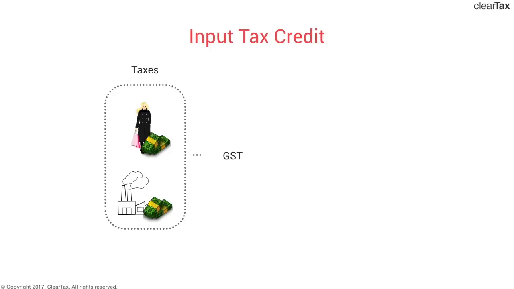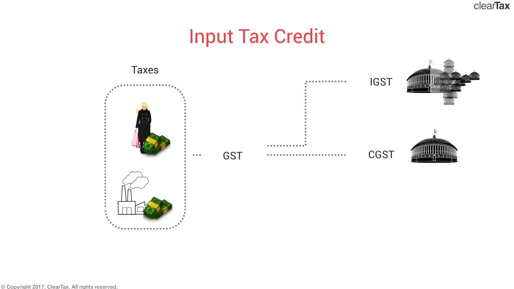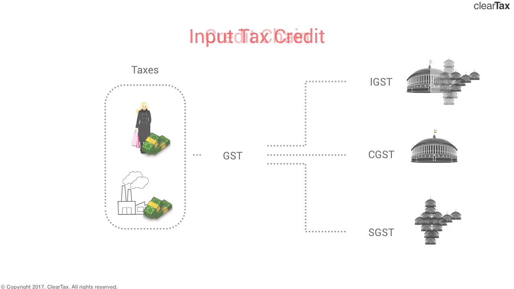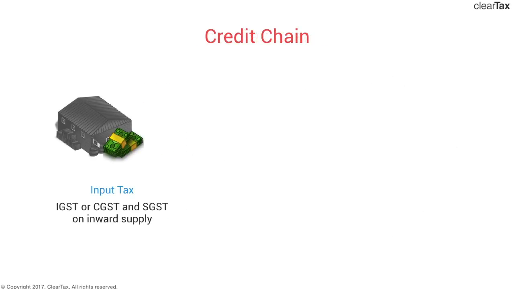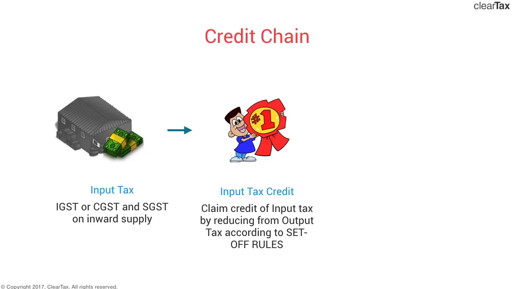Both purchases and sales would attract IGST, CGST and SGST depending on whether they are interstate or intrastate. How does the credit chain work? You purchase goods on which you would pay input tax on inward supply, IGST or CGST and SGST, 2 types. On this input tax, you can claim input tax credit by reducing it from your output tax liability according to a set of rules.